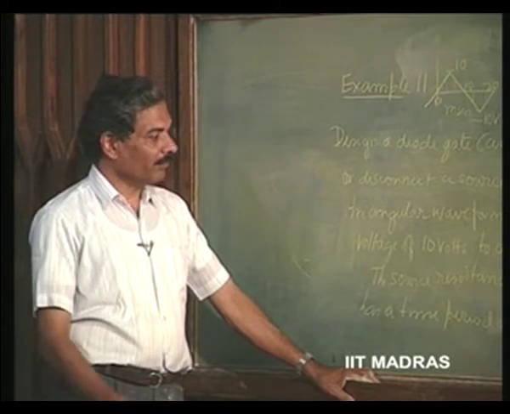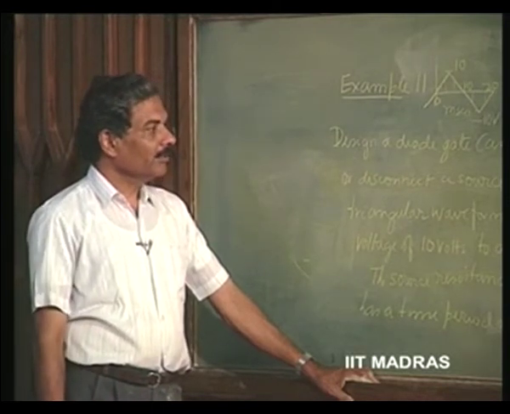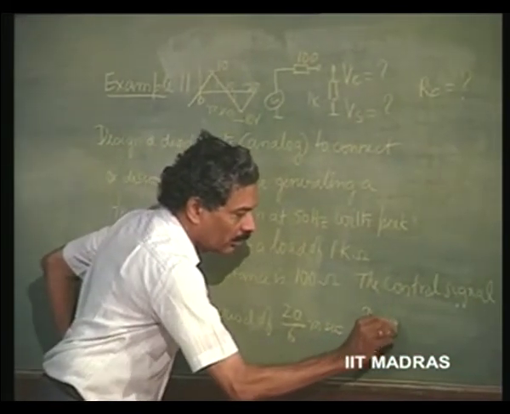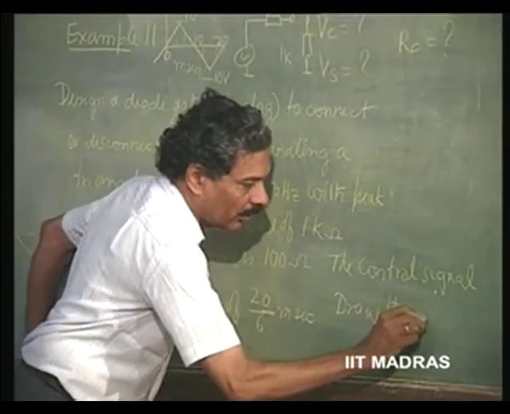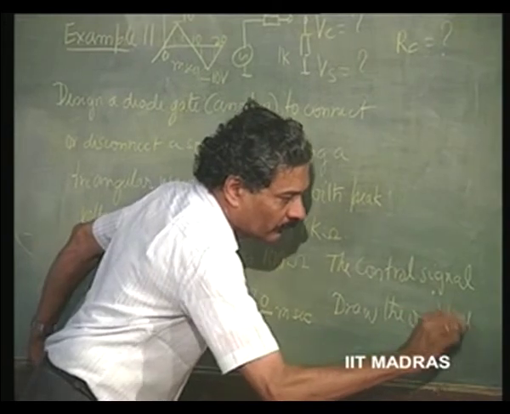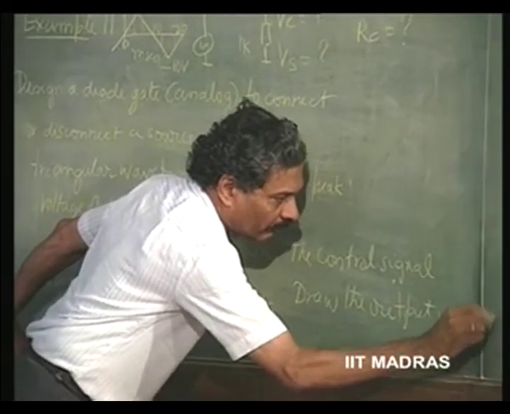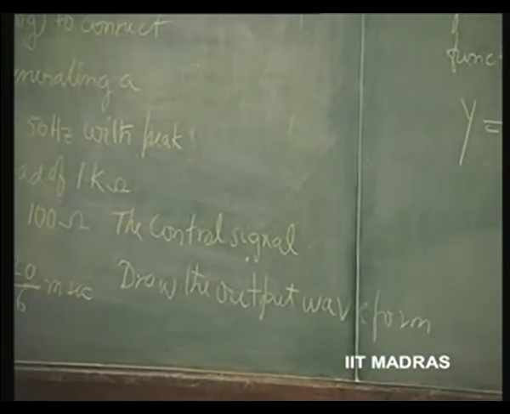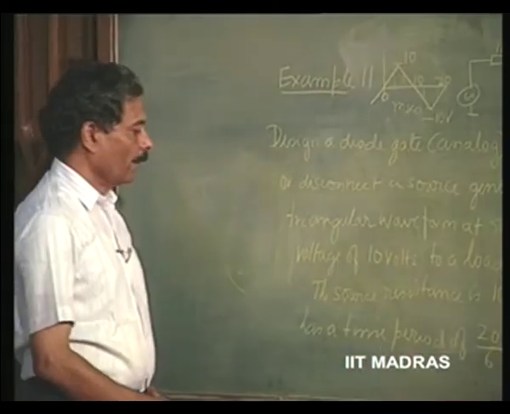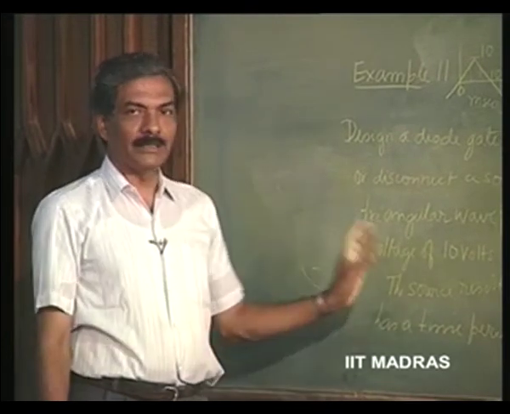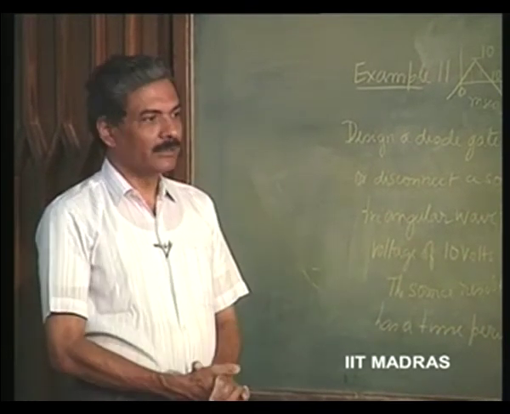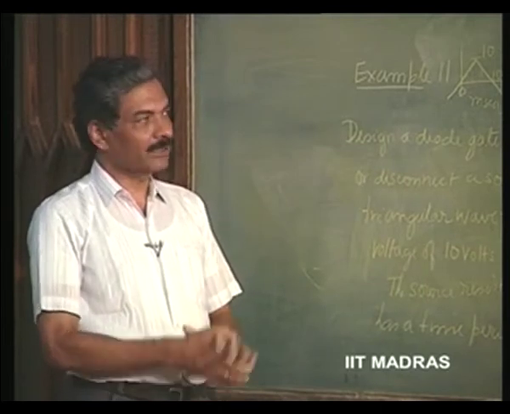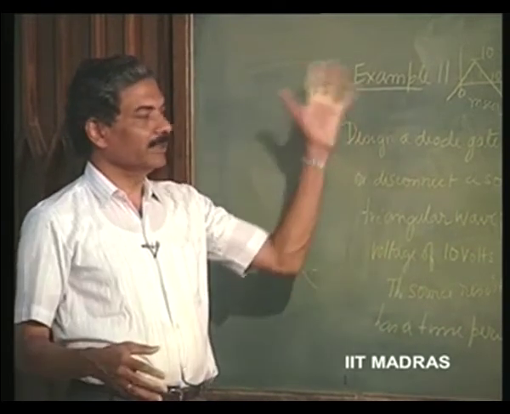I would like to add one more thing here, that we have to draw the output waveform. After designing, please draw the output waveform. This also we will see. This will give us a complete picture as to how this circuit functions.